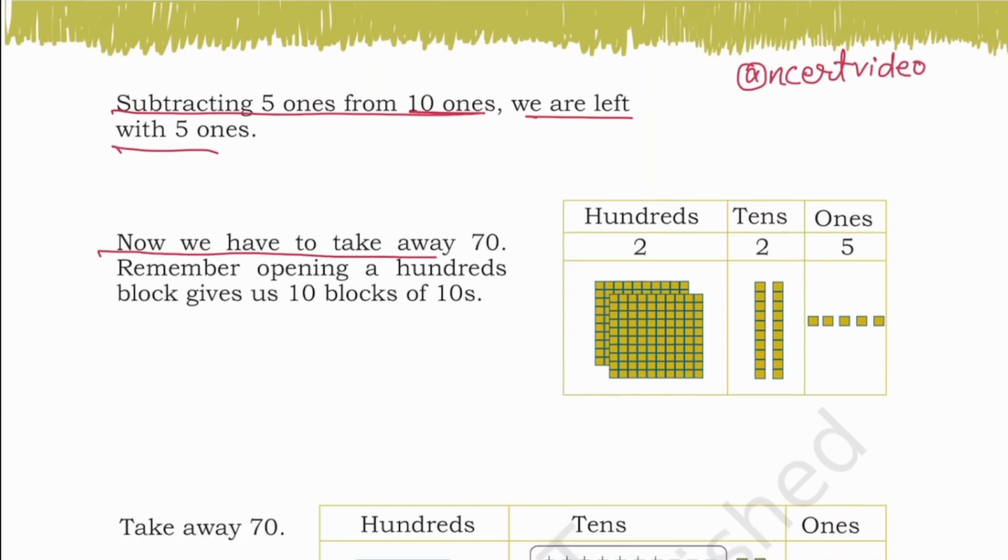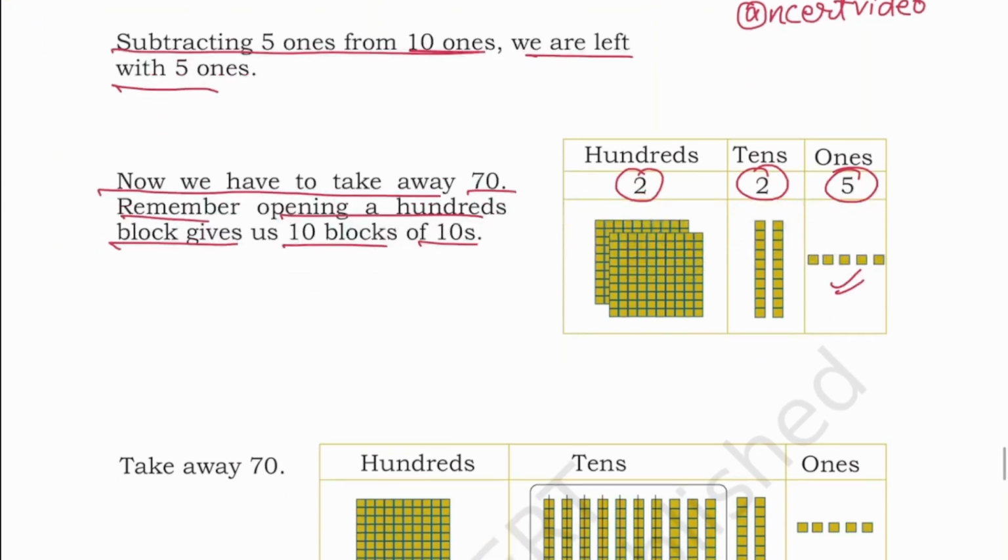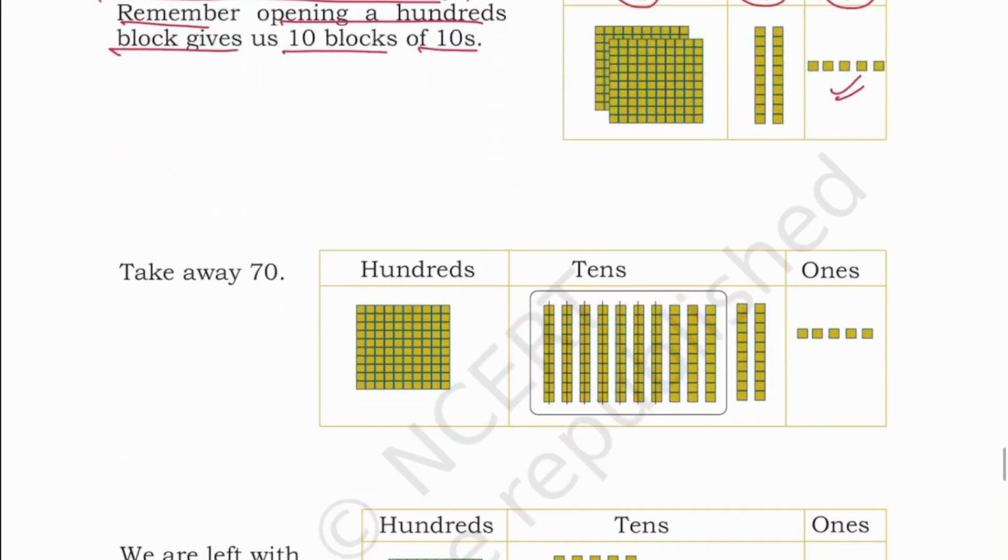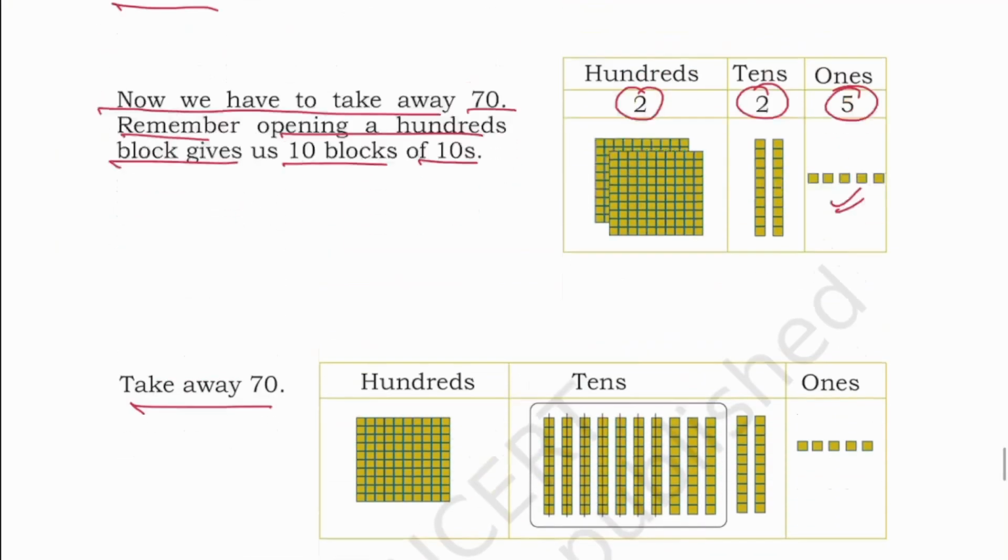Now we have to take away 70. Remember, opening a 100 block will give you 10 blocks of 10. After subtracting 5 from 230, we get 225, and we have to subtract 70.